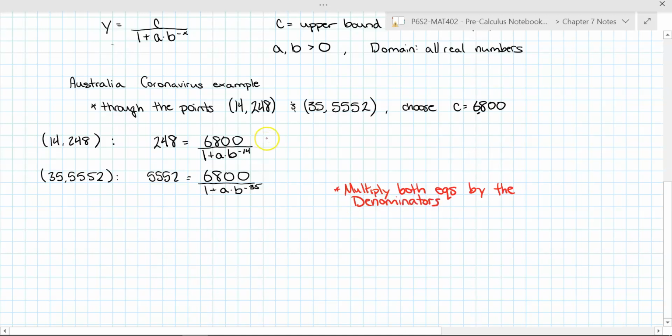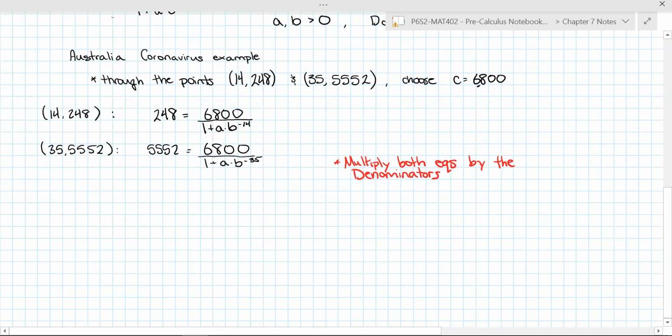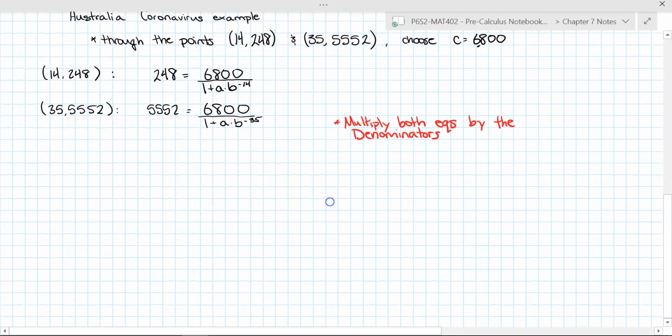If I multiply by 1 plus AB to the negative 14th on the right side and the left side, it's going to cancel this thing here. So let's just pretend like we did that. I'm going to skip some steps here, but I'm going to multiply both sides by 1 plus AB to the negative 14th for this first one.